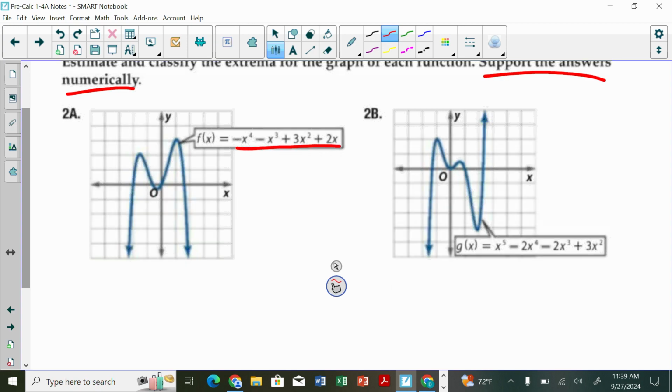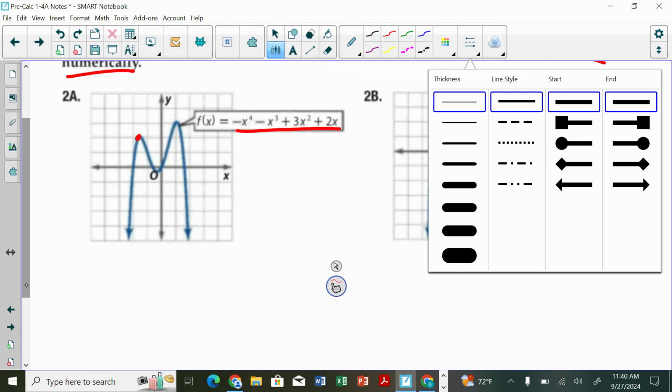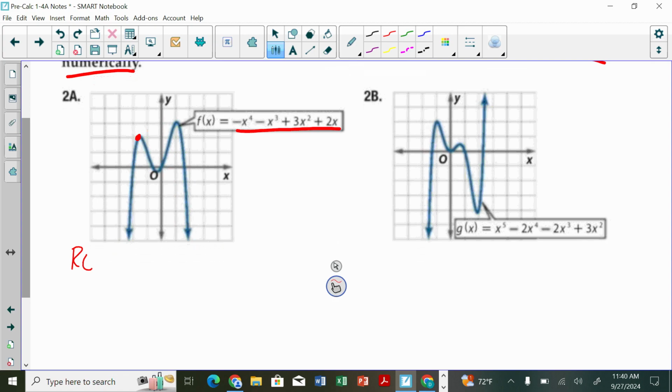All right, so we can see that there is a relative maximum here. Okay, so we would say that this has a relative maximum. I was going to say relative, REL, and max right there.